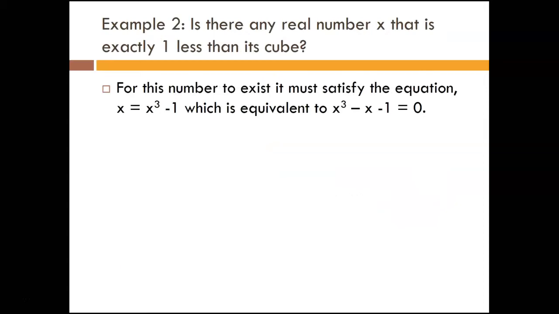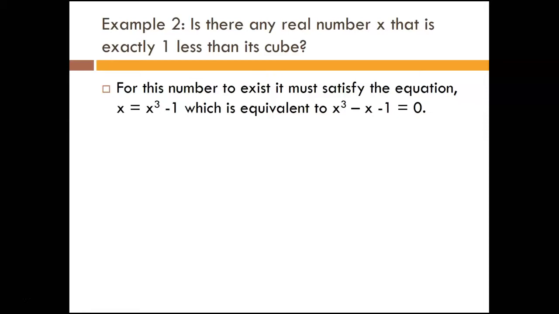So you may get a question like, is there a real number x that is exactly one less than its cube? So for this number to exist, it must satisfy the equation that x is equal to x cubed.